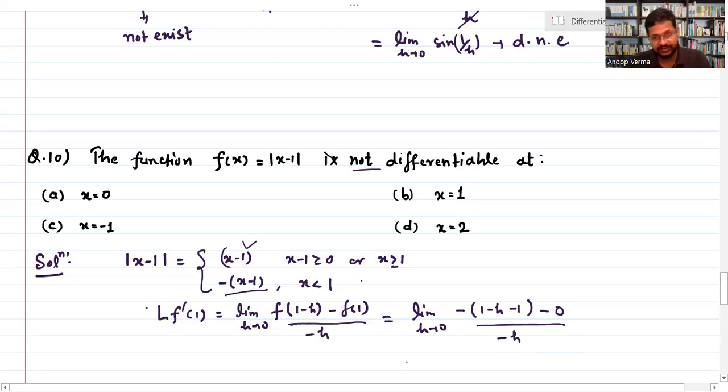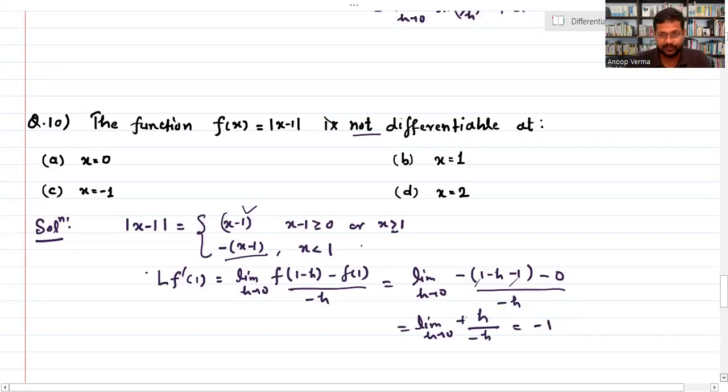So this will be limit h tending to 0, the minus and minus cancel, this will be h upon h, so we will get minus 1. So the left hand derivative we get is minus 1.